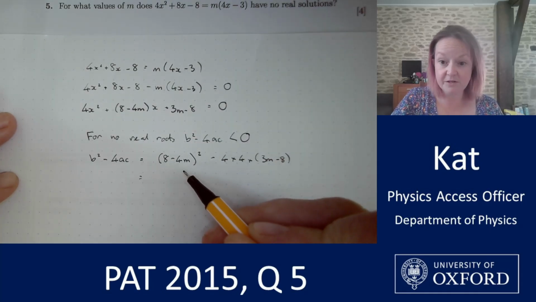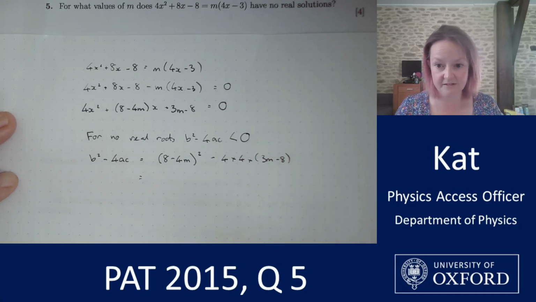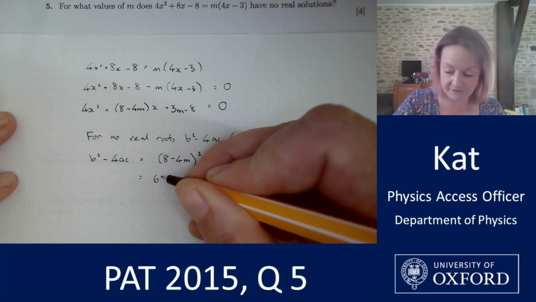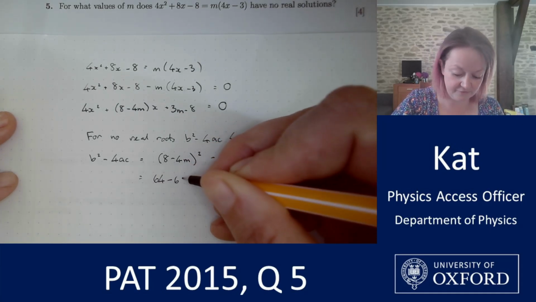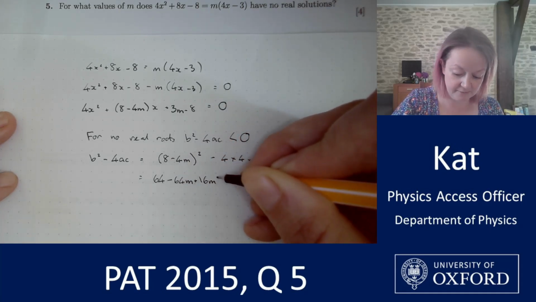You could at this point take some common factors out of this to make it multiply out a little bit easier, but personally I don't find 4s and 8s particularly hard to work with, so I'm just going to run with it. So when I multiply this out, I get 64 minus 64m plus 16m squared.